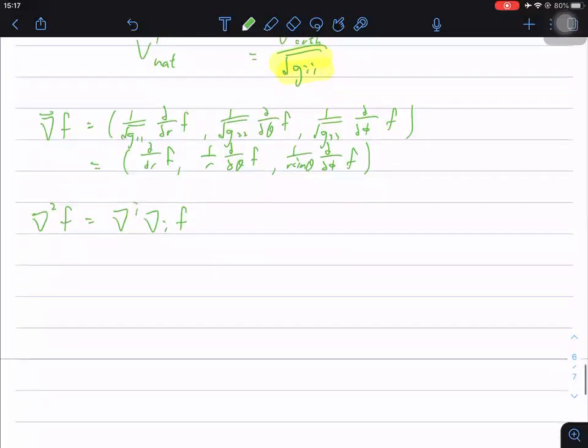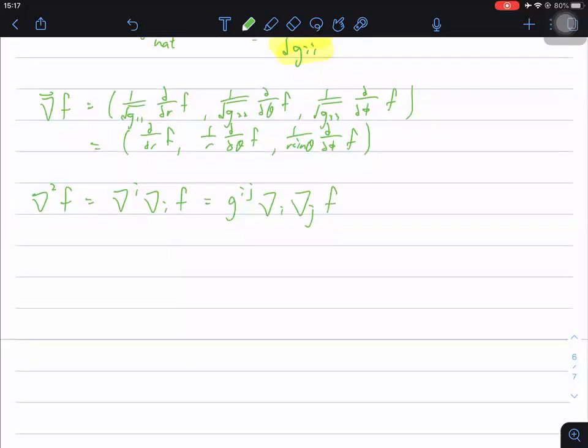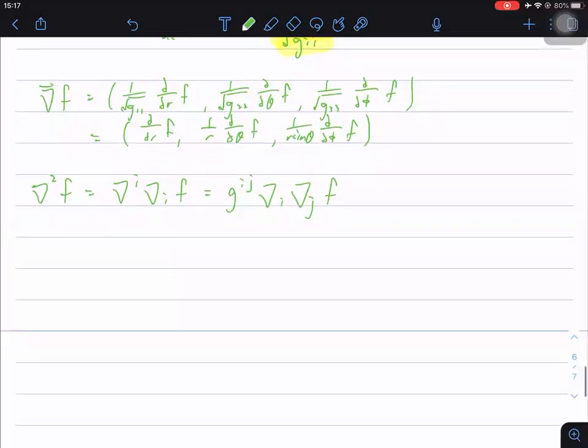Or I can write it like this for simplicity, because usually what you have learned is the index in the covariant derivative is in the subscript. Okay, so let's calculate this.